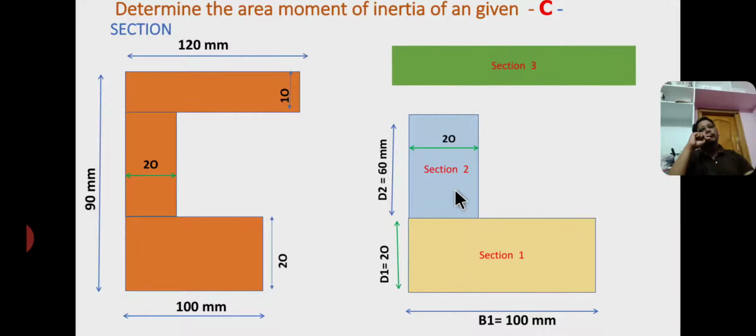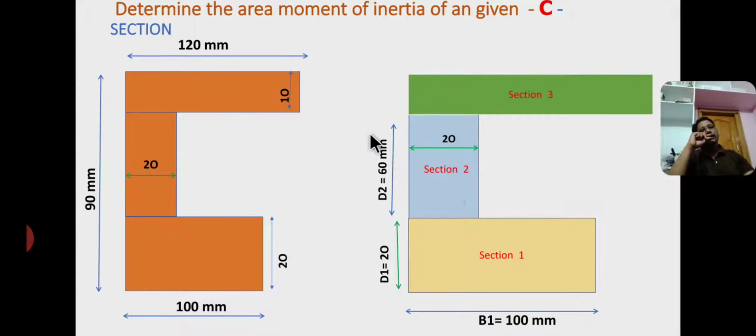Similarly, I consider the top horizontal rectangle as section 3, having depth d3 equal to 10 mm and base b3 equal to 120 mm. So these are all the dimensions for determining the area moment of inertia and centroid.